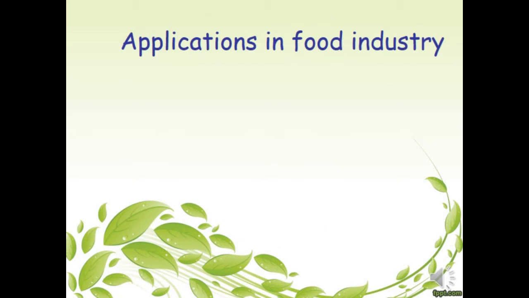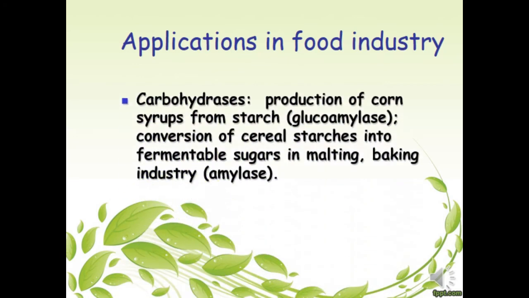Next, we will move on to different applications of enzymes in the food industry. For example, with carbohydrates as the substrate, this is important in the production of corn syrup from starch.